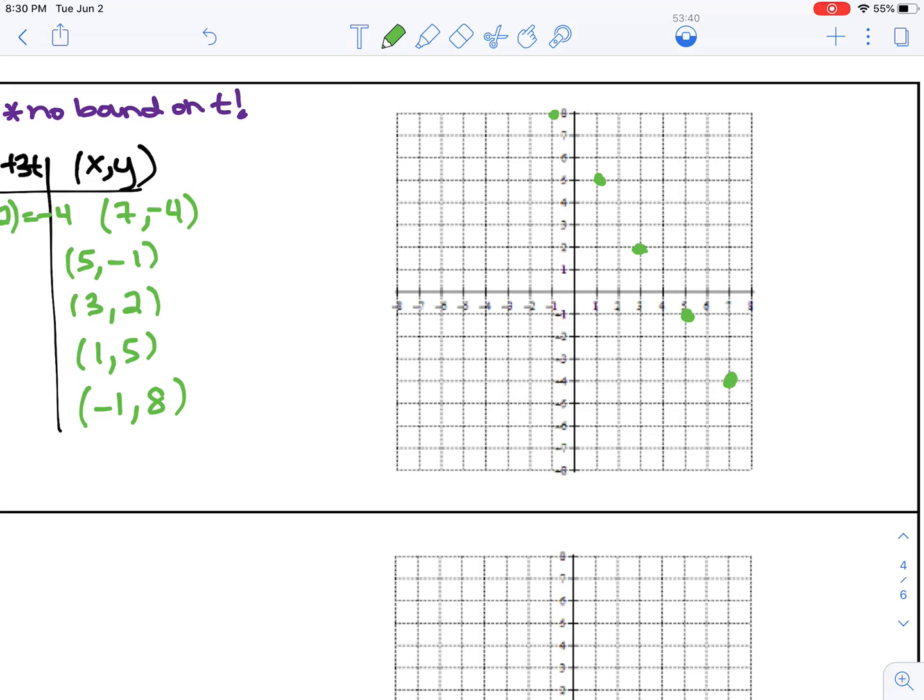So we have our points, and so far this has been a very similar process to what we've seen before. But now, because we have no bound on t, we can actually extend to infinity in either direction of this line, okay?